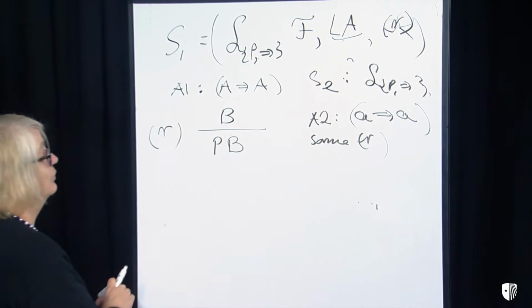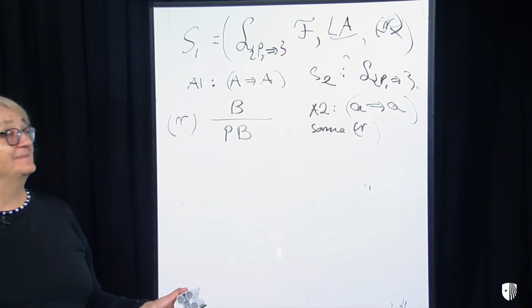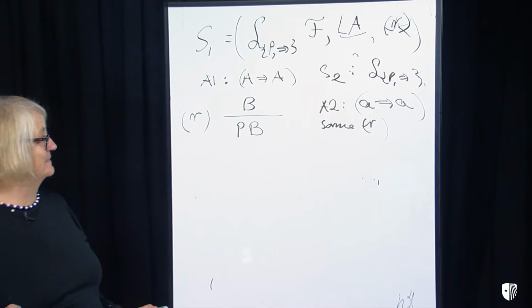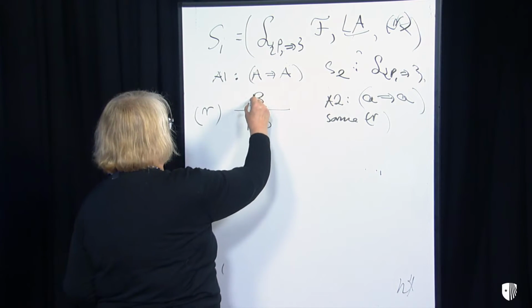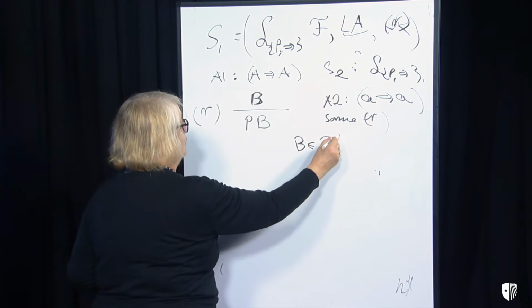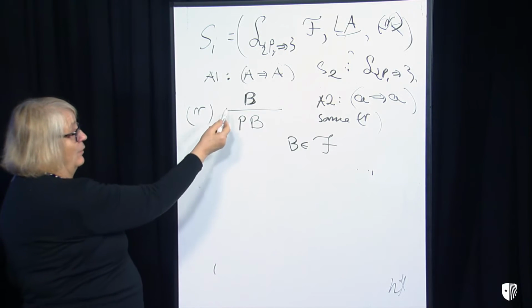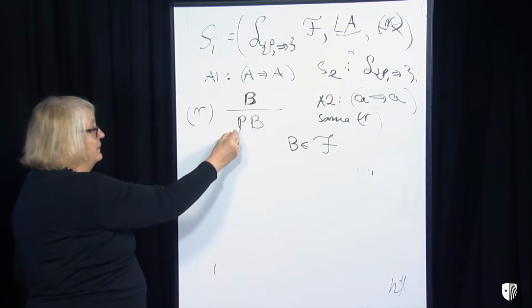I defined two proof systems. What is the difference? And of course here, B is any formula. So it means that if I have already B, I can write PB.